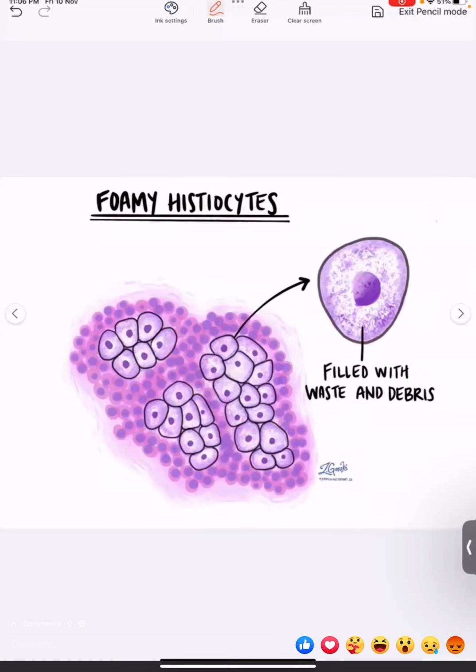This is basically the histiocytes. These are the cells of your immune system. Histiocytosis means these cells are not under control and they are overproduced. Now what is going to happen? These are filled with waste and debris. These are the foamy histiocytes.